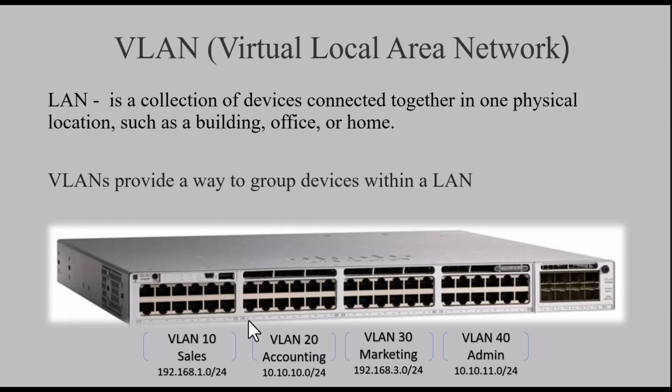The basic idea of VLAN is the logical separation of traffic between departments. Say, for example, sales do not want their traffic being seen by accounting, and accounting doesn't want their traffic being seen by marketing, and so on. And VLANs are exactly designed to provide separation between this traffic.